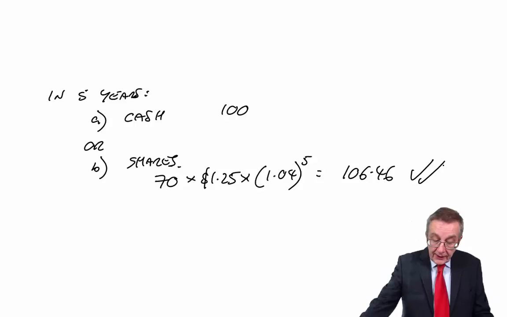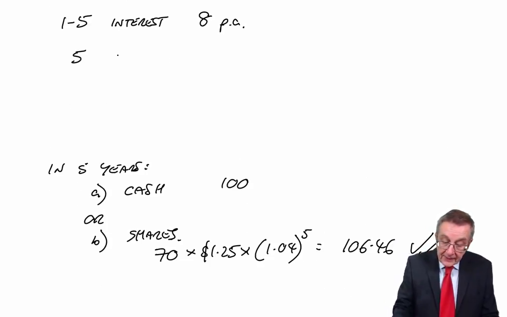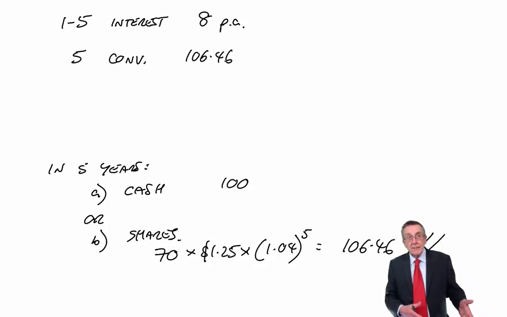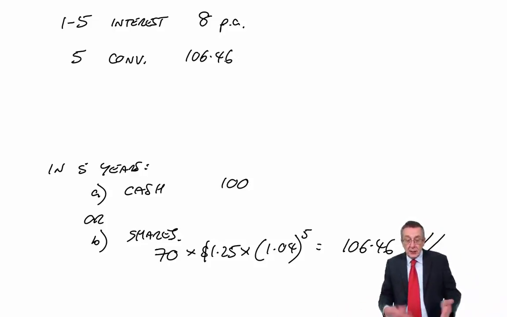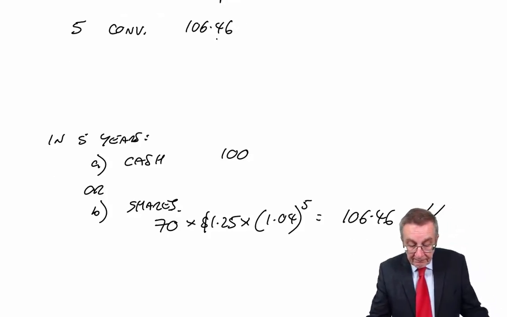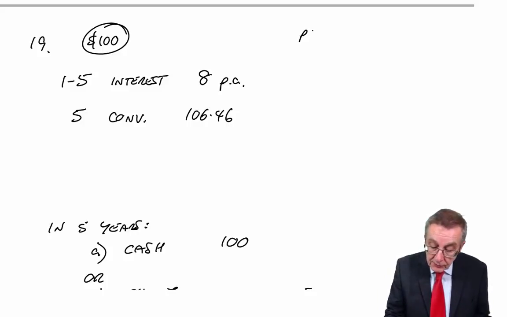And so what receipts are they expecting? Interest $8 a year, and then on conversion, 106.46. Not that they'll actually get cash, they'll get shares. But then, you know, if they don't want the shares, they could sell them and they'll expect to get 106. Well, there's their expected receipts. The market value always is present value discounted at the investor's required rate of return.